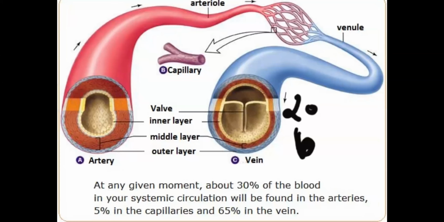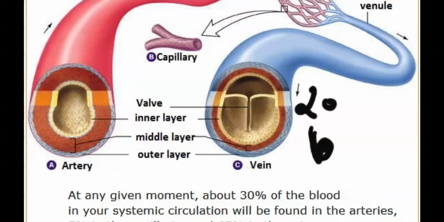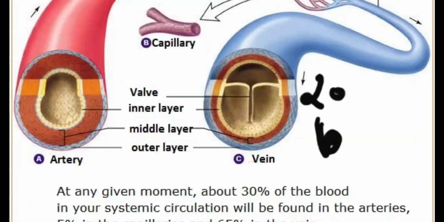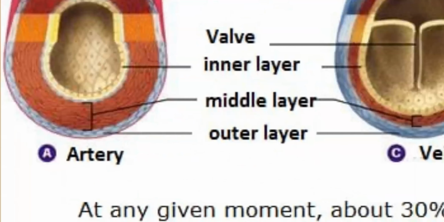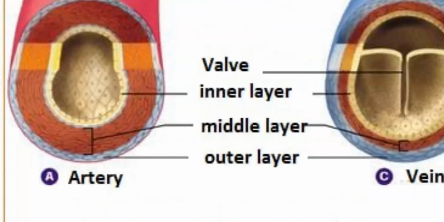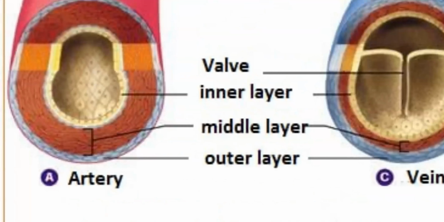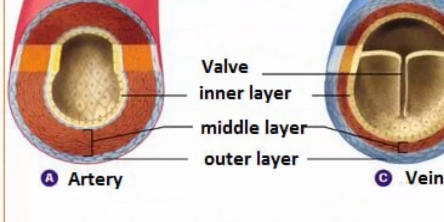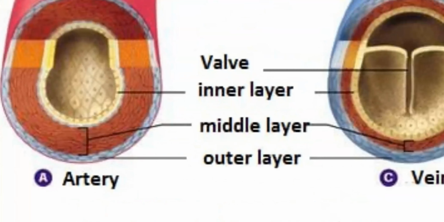Yeah, here you can make it out with a bit more clarity. Outer layer, tunica externa. Middle layer, tunica media. Innermost, tunica intima. The outer layer is made up of which material? Tell me.